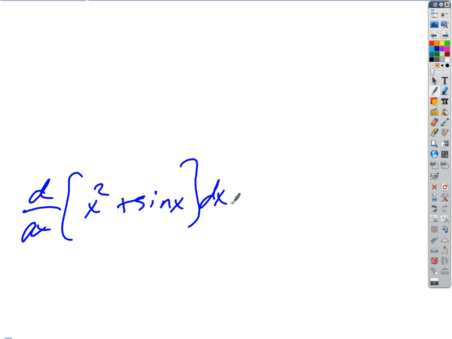Because if I can take, for example, the derivative with respect to x of x squared plus sine x, and get what for my answer? 2x plus cosine x.